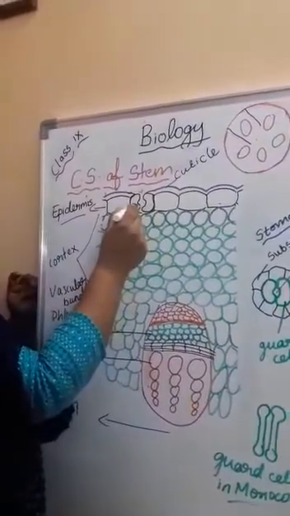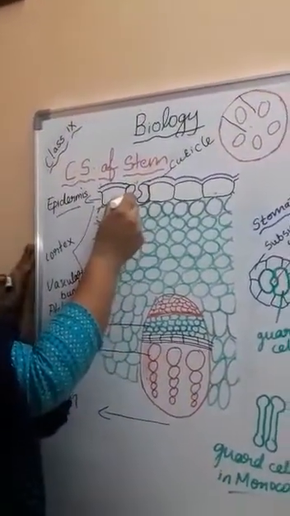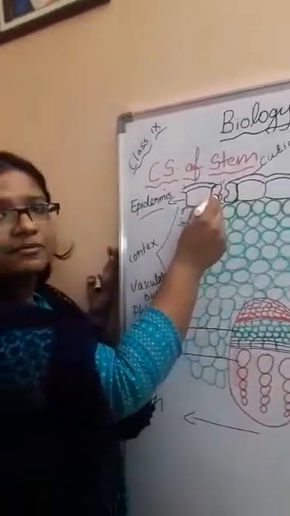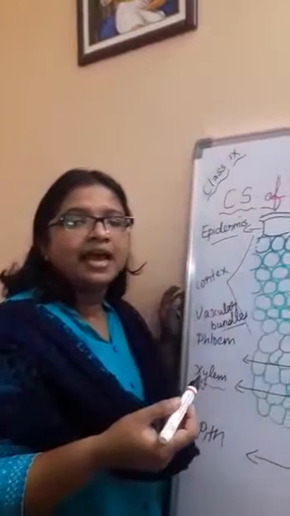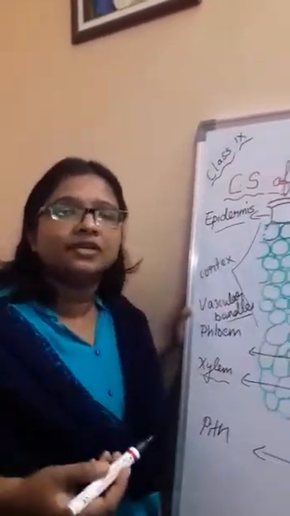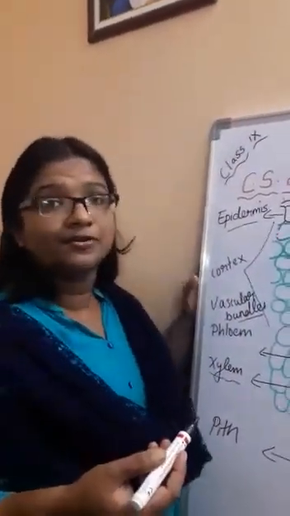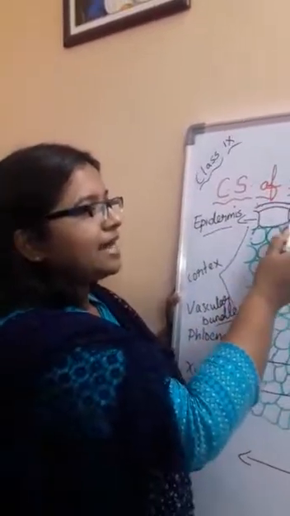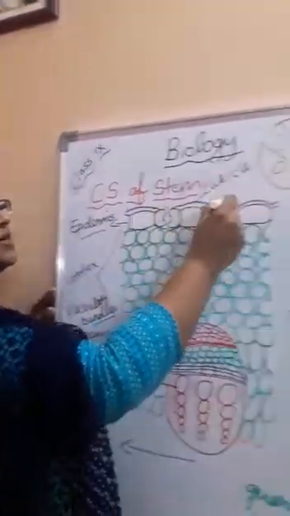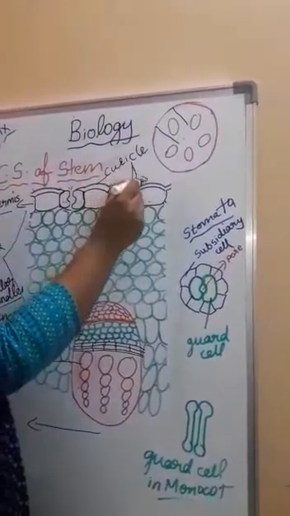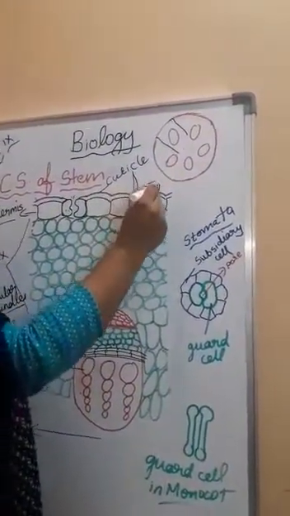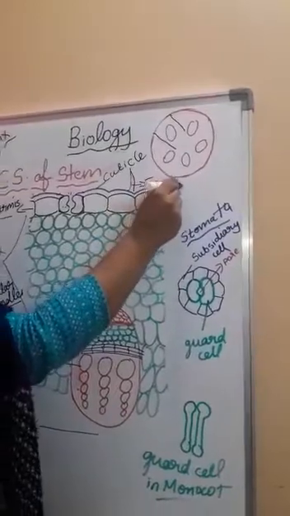The number of stomata may vary depending on the type of the plant. You can see them in the stem and mostly on the lower sides of leaves, and of course the upper side also. And in some cases you can see trichomes, a unicellular outgrowth, in the stem. We have to call it a trichome.